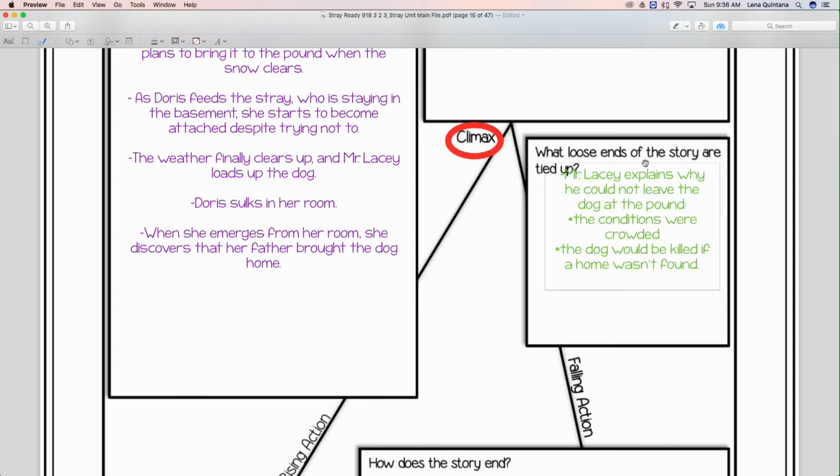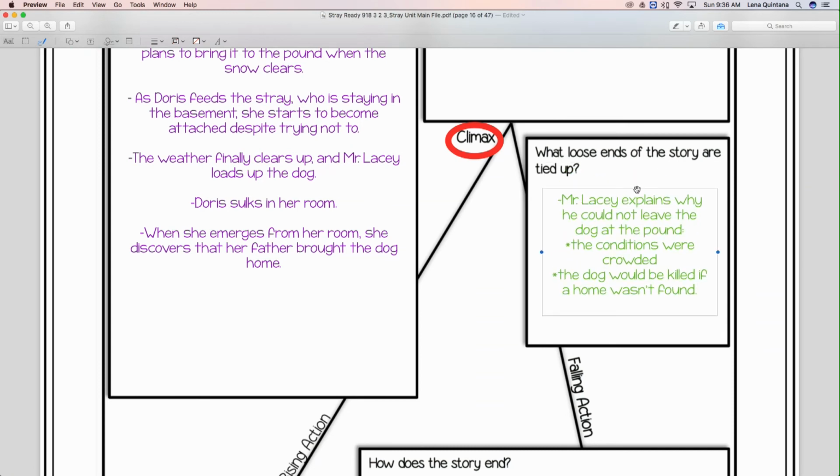So Mr. Lacey realizes that he could save this dog and just bring him home, and it changed his mind once he saw where the dog would have to live. It was very, very crowded. He mentioned that there were at least 10 dogs to a cage, so think about that. And the dog would be killed if they couldn't find a home for him.